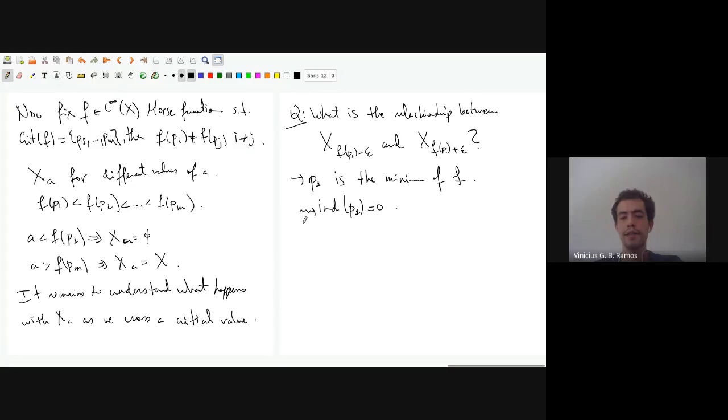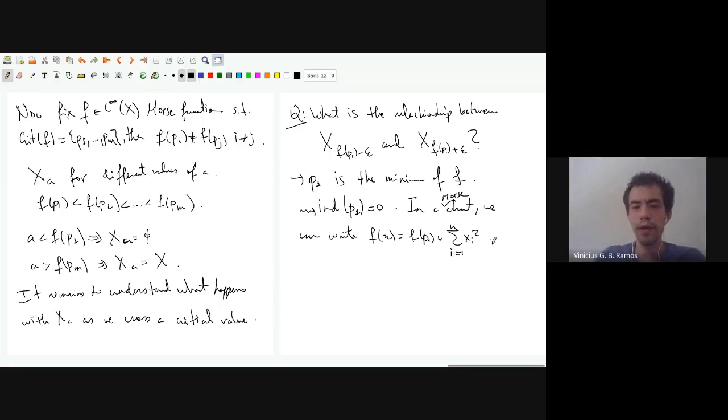The Morse index is 0. So in a chart, it's called the Morse chart, we can write f of x as f of p1 plus the sum of xi squared from 1 to n.